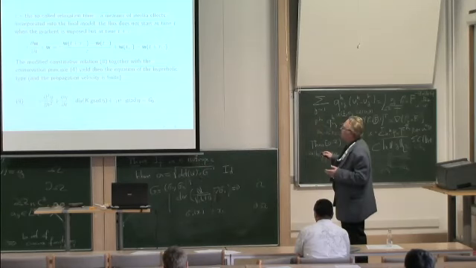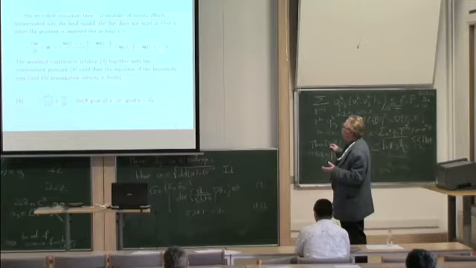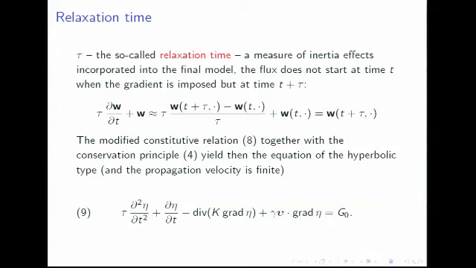We can see approximately that tau dw by dt plus w is equal to this fraction, and consequently it is w at t plus tau. This means that the flux does not start at time t when the gradient is imposed, but at time t plus tau. So it is something like a measure of inertia effects.